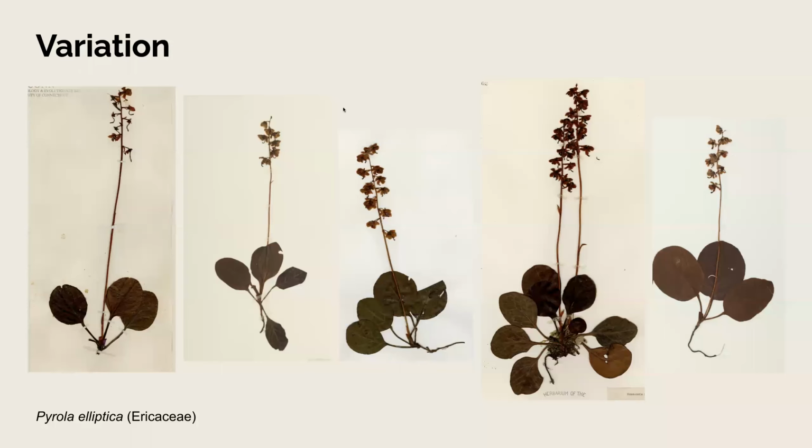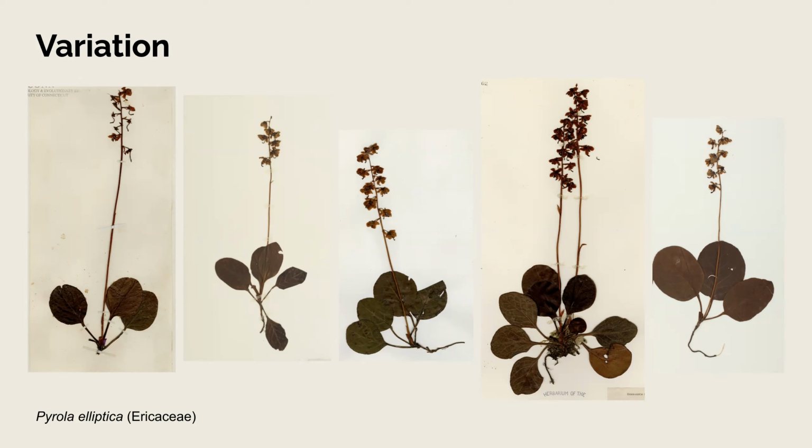As I mentioned, the big theme of this topic is variation. Looking at members of the same species even, these are some herbarium sheets of the species Pyrola elliptica. And you can see there's some variation here. Individual plants have been collected, 1, 2, 3, 4, 5 of those, and they're the same in some aspects and different in other aspects.